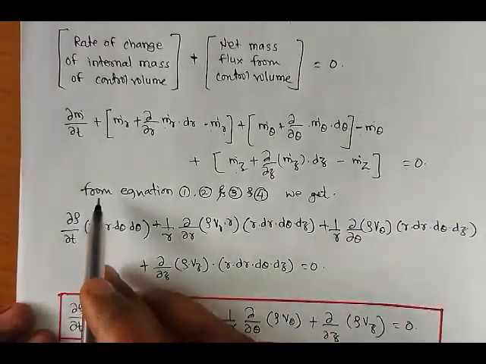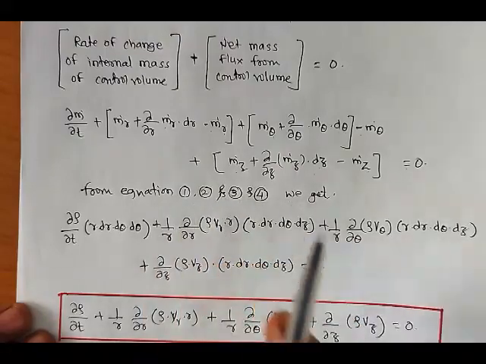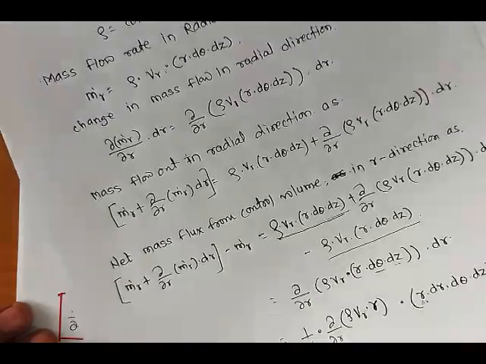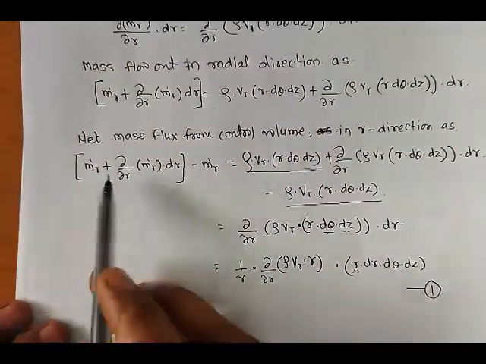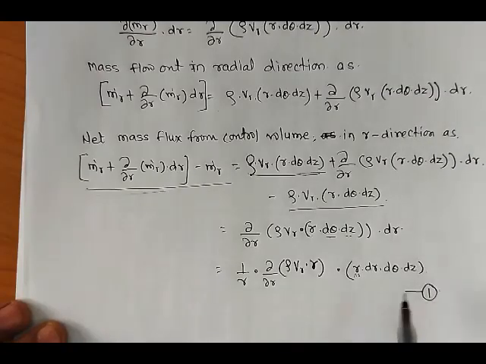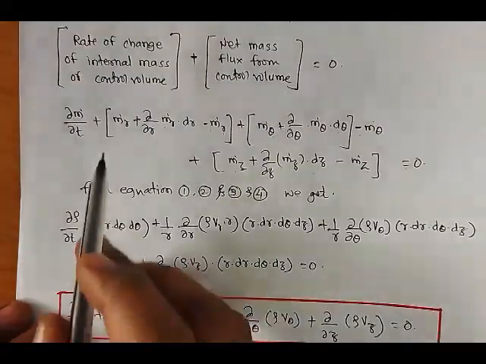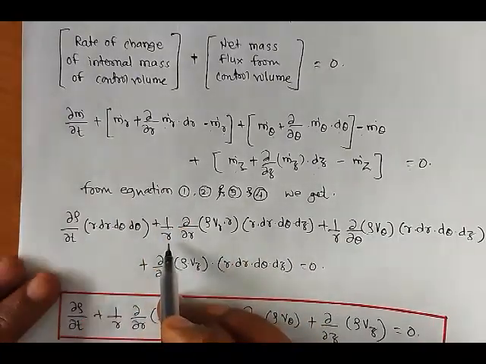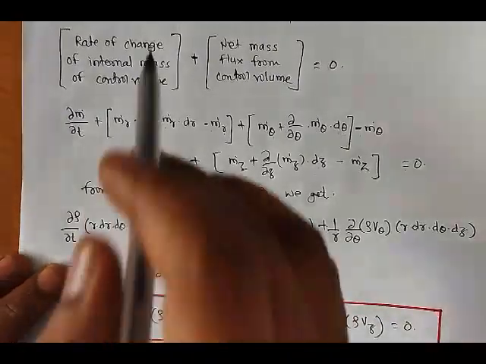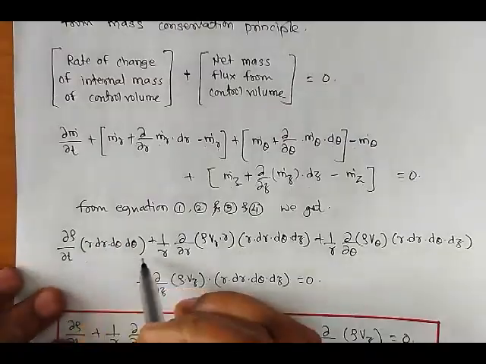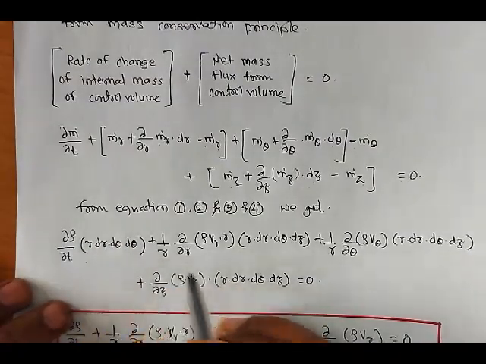So from equations 1, 2, 3 and 4: from equation number 1, this value will be this one, and we substitute it here. From equation number 4, we substitute here in this equation.